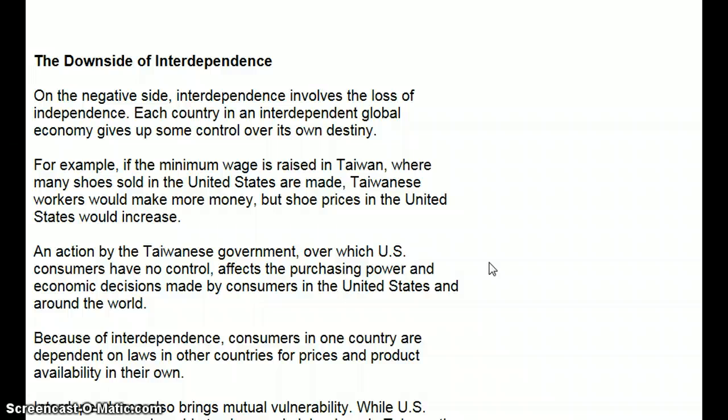An action by the Taiwanese government, over which U.S. consumers have no control, affects the purchasing power and economic decisions made by consumers in the United States and around the world. Because of interdependence, consumers in one country are dependent on laws in other countries for prices and product availability in their own.